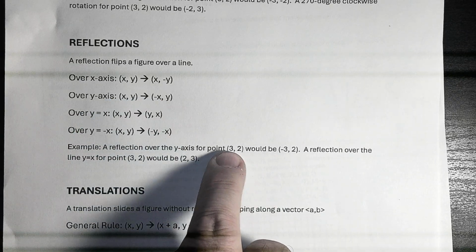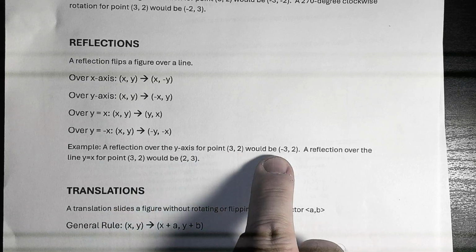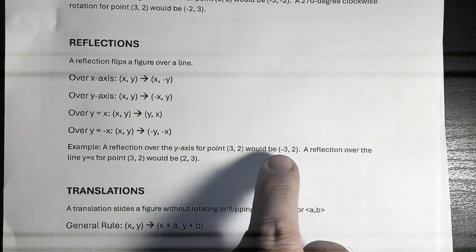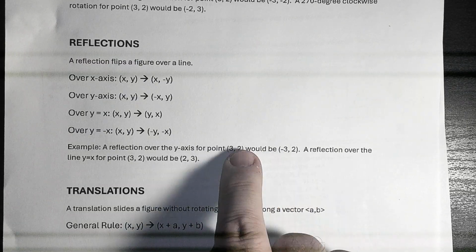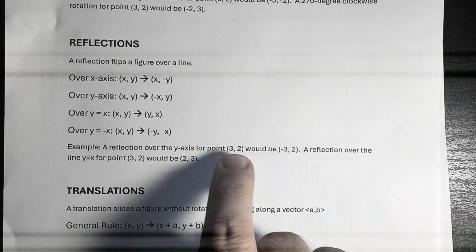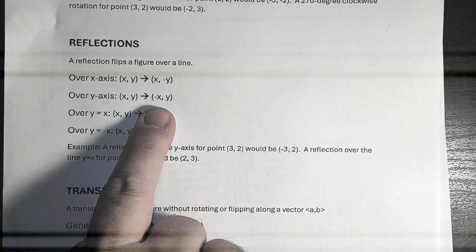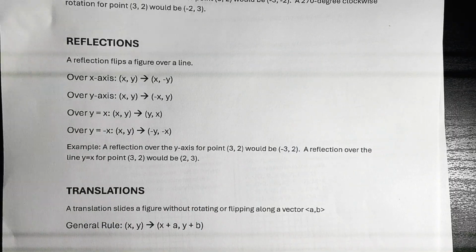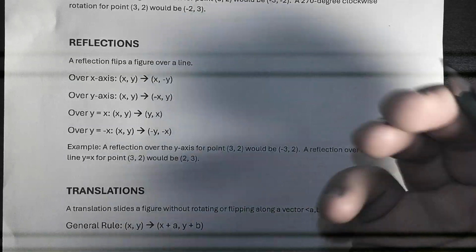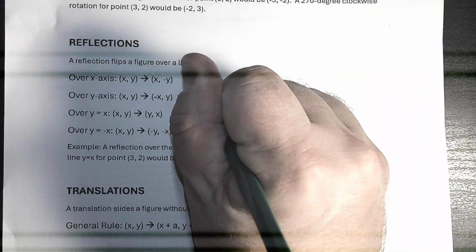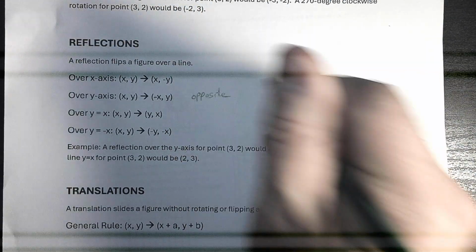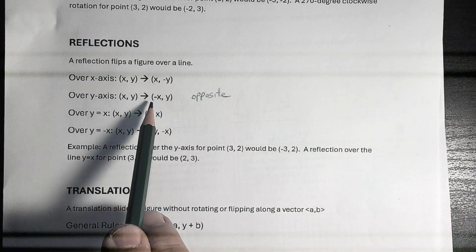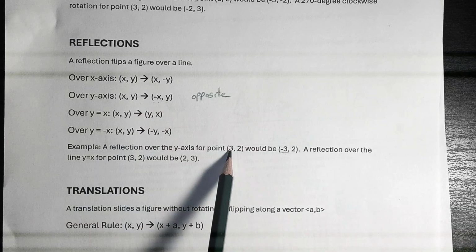So for the y-axis, (3, 2) would be (-3, 2), because x comma y became negative x comma y. We kept them in the same place, but we changed the x to negative. We took the opposite. Just remember, it's negative, but it's telling you to take the opposite. That's why negative x is -3 when x was 3.